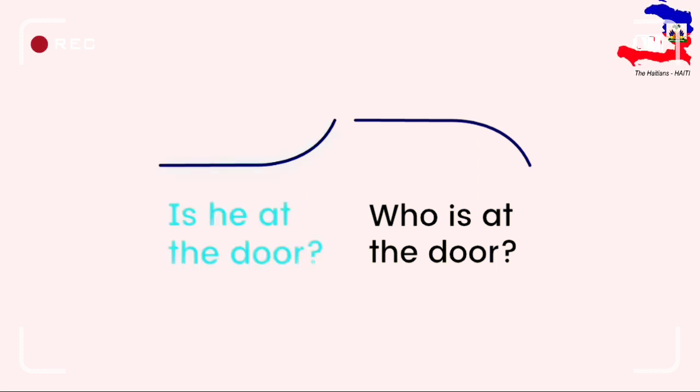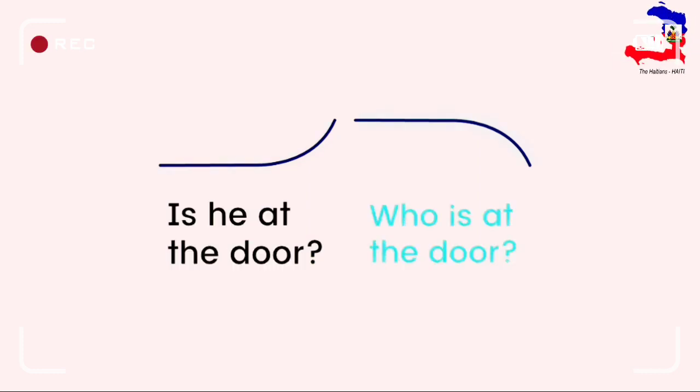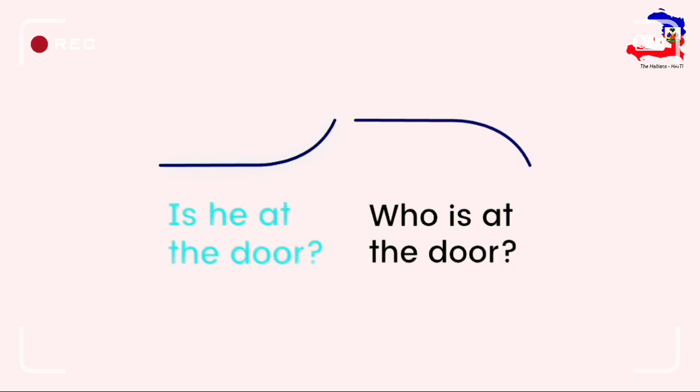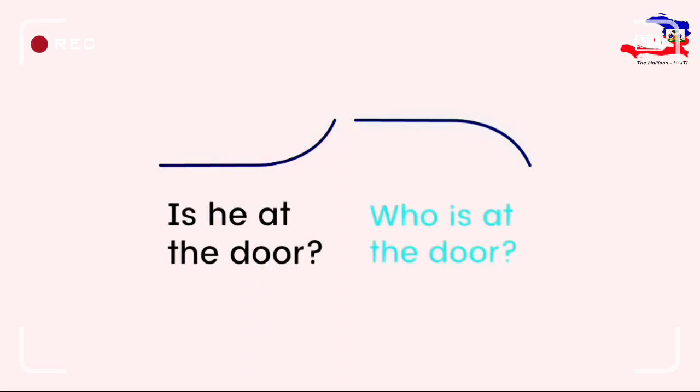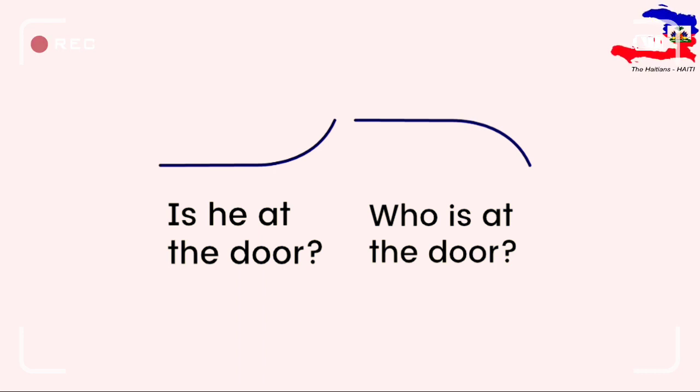Is he at the door? Who is at the door? WH questions usually end in falling intonation. Questions that can be answered with yes or no usually end with rising intonation. We call these questions yes-no questions.